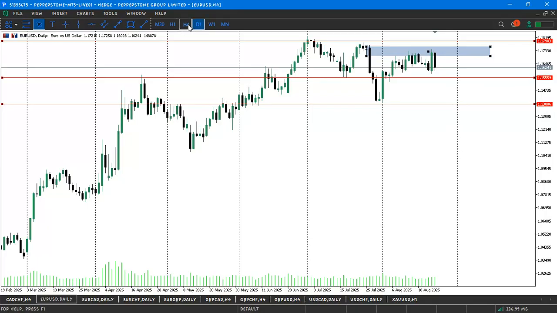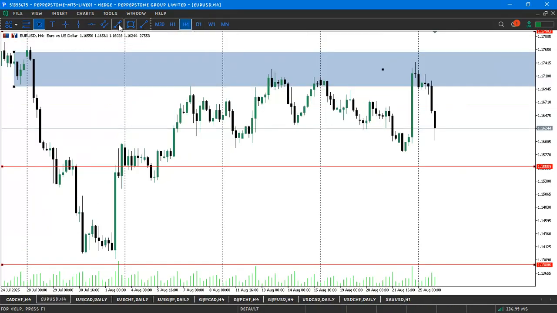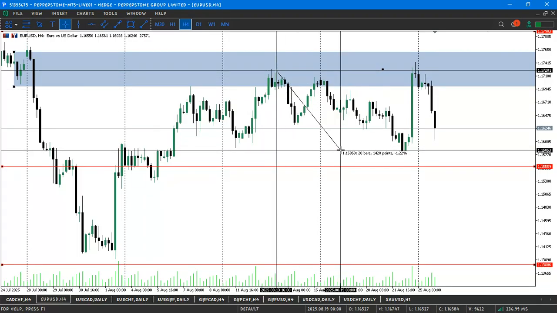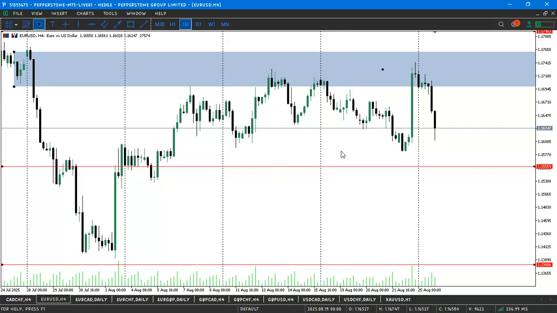Going to the 4 hours, we can see that the market reacted with a series of lower lows and lower highs. From this point here there is this downward trend, and after reacting to that point we had up to 144 pips of downward movement, and as of now the market is still moving downwards.